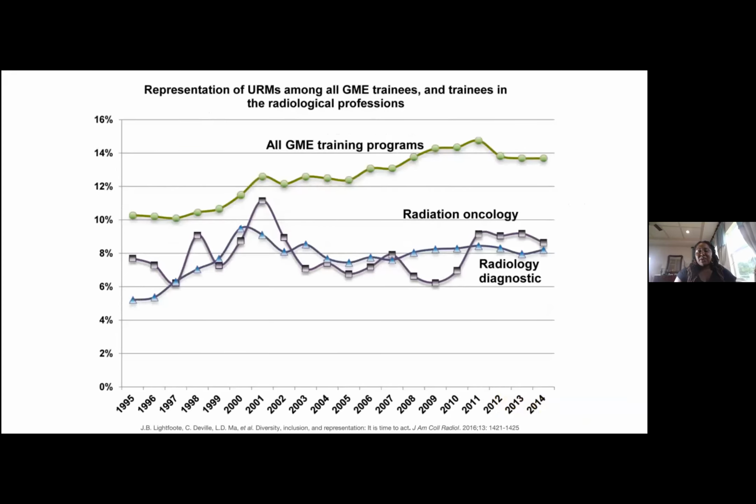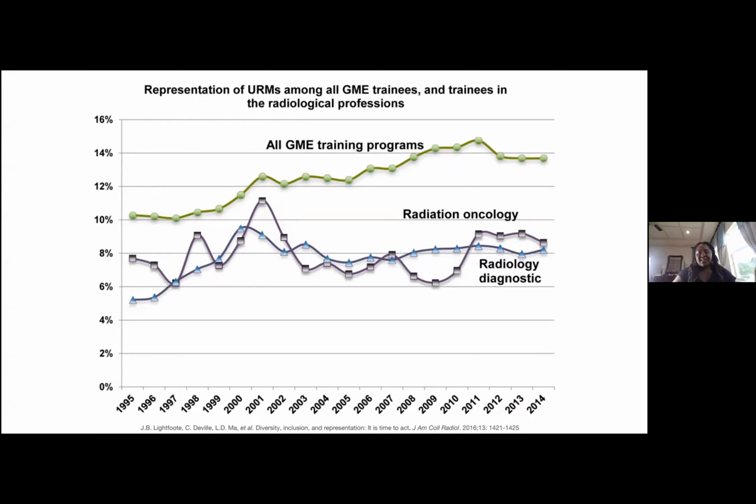In case we were not reminded, here's the data from a JACR article, and it looks at the representation of URMs among all GME trainees and among the radiologic professions. As much as we love to say that we're diverse, the numbers have essentially remained, from 2000 to 2014, basically a flat line, at least in radiology.